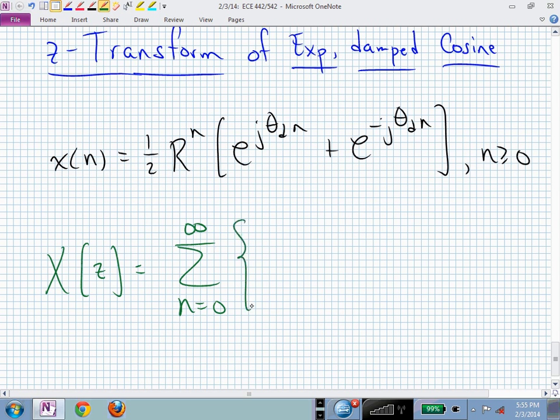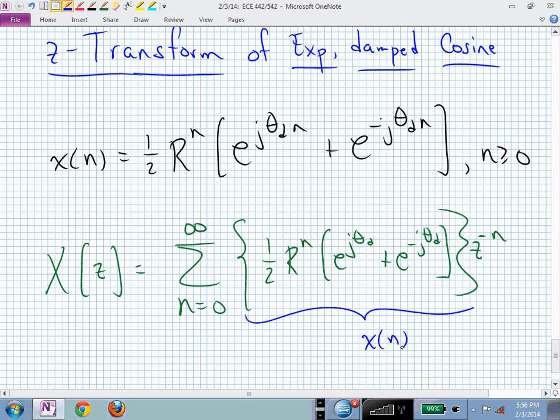But now we need to introduce that x of n, but that now gets scaled by z to the minus n, where this piece is our x of n.